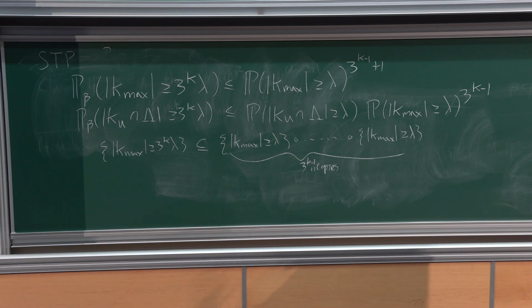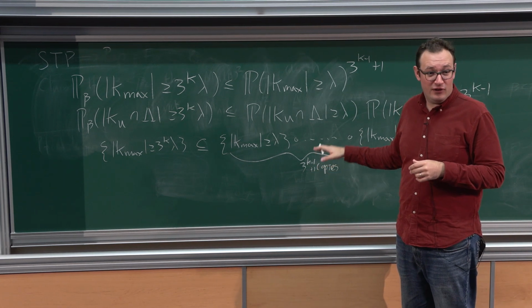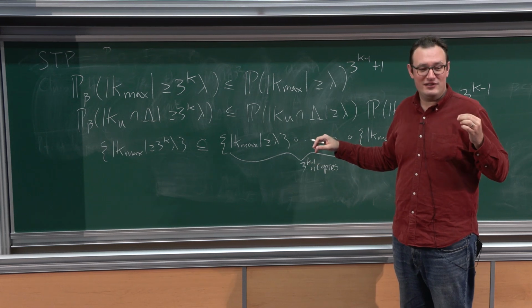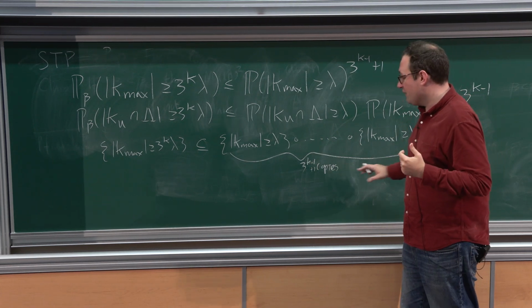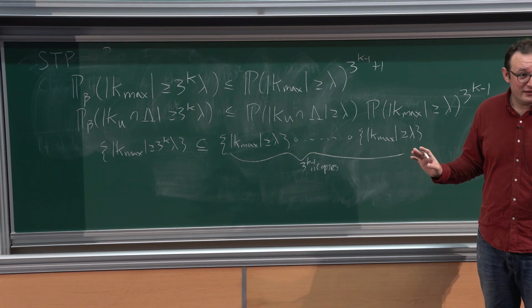In other words, if I have a cluster of size at least 3 to k lambda, I can find this many edge disjoint subgraphs of that cluster whose vertex sets, which are not necessarily disjoint, have size at least lambda. Okay, so this is a purely combinatorial fact.